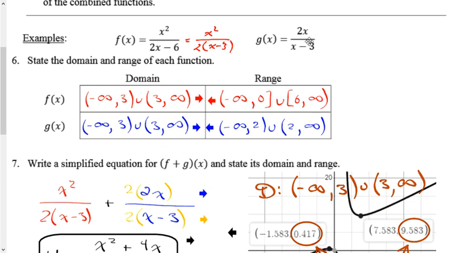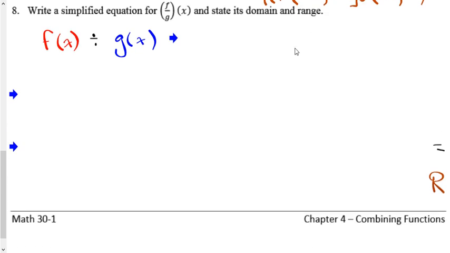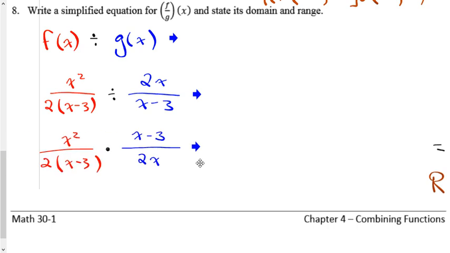Not very pleasant to work with. But if I write it like this, then it's a little bit easier for me, takes me a step further, and then I can recognize, oh yeah, this g of x function, I can take the reciprocal and multiply. And when I do that, I can look for common factors again.